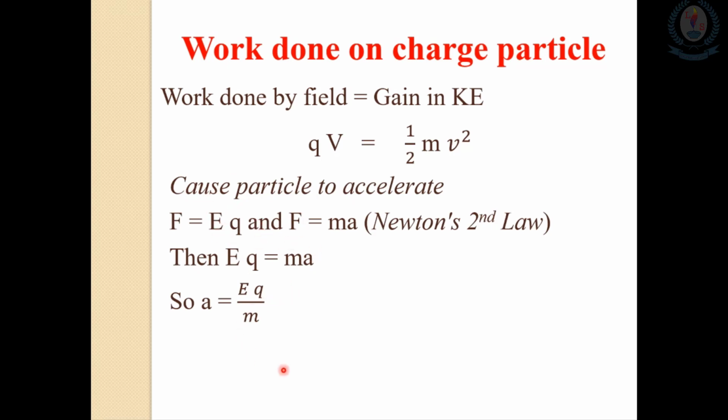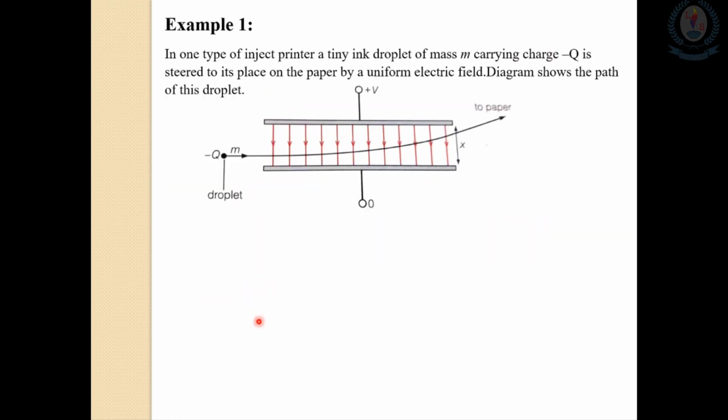So we have a relationship for the acceleration of a charged particle in an electric field. It is governed by the electric field strength E, the charge of the particle, and the mass of the particle. So let's work out an example.